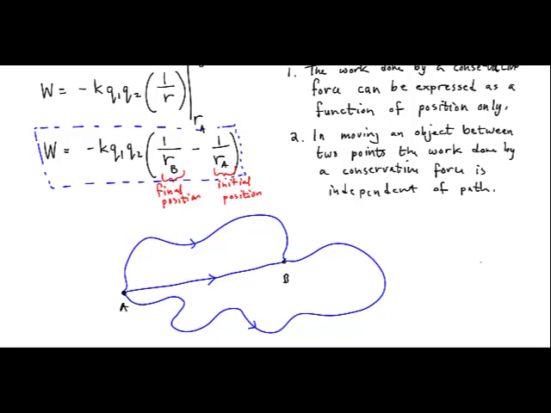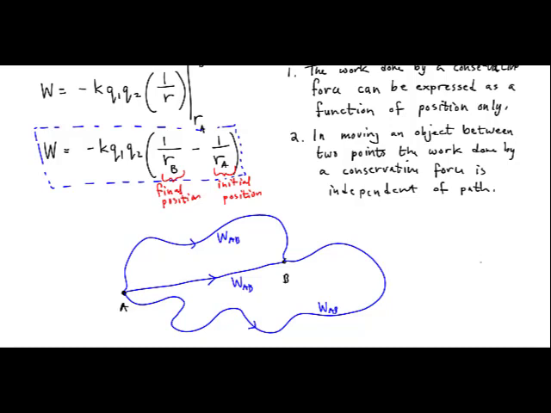Regardless of which path you take to get from point A to point B, the work done by a conservative force on that object is the same. Now that makes sense because, as you could see here for the work done by the Coulomb force, it's a function of relative position, and the only thing in this function is the final position of the object and the initial position of the object.